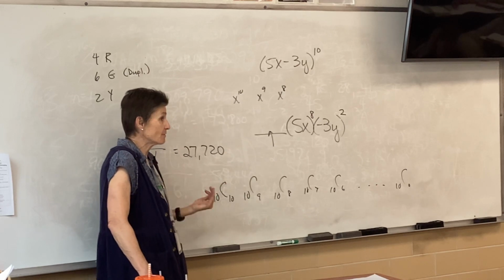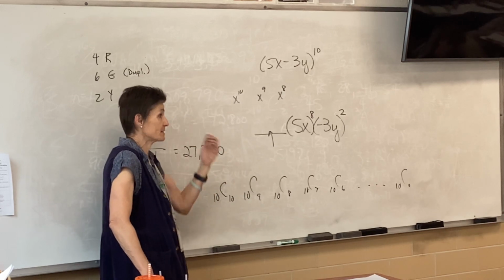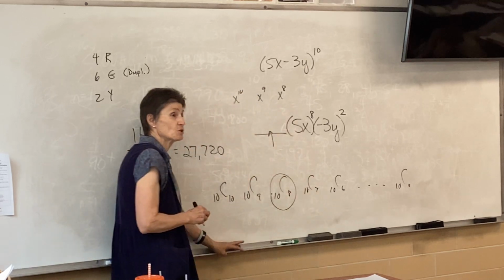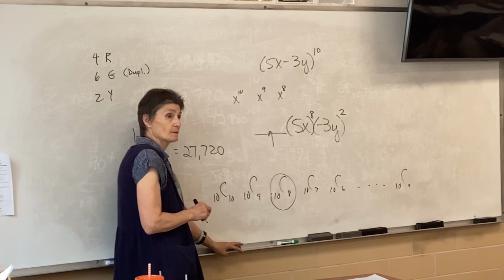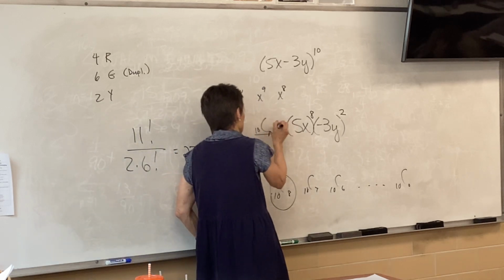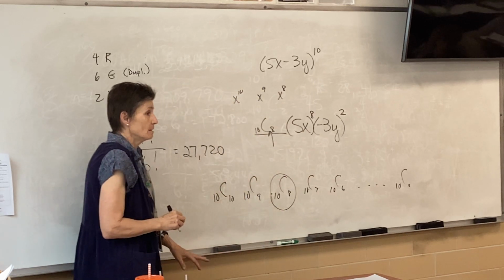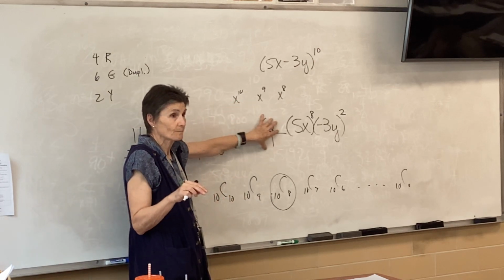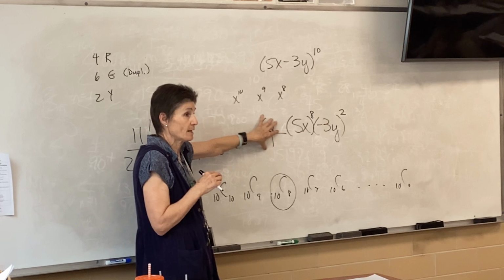The numbers in the 11th row are 11C11, 11C10, and so on. So this is the coefficient I want.